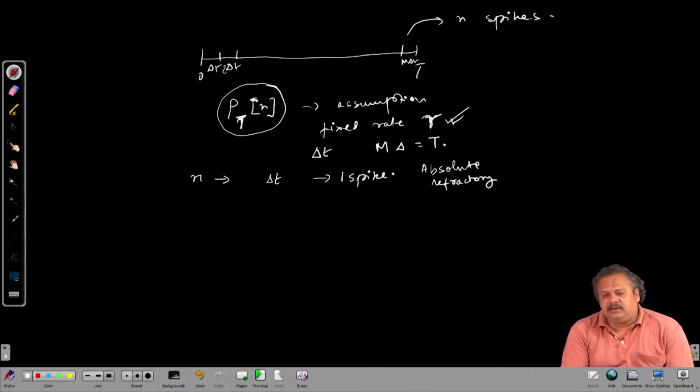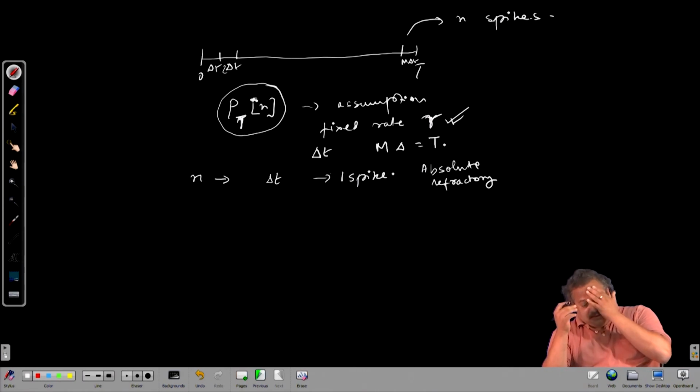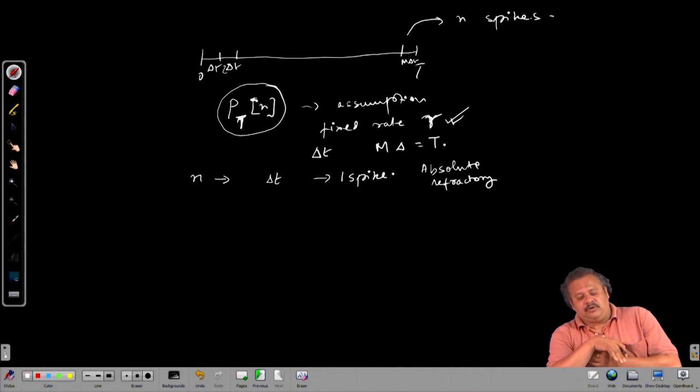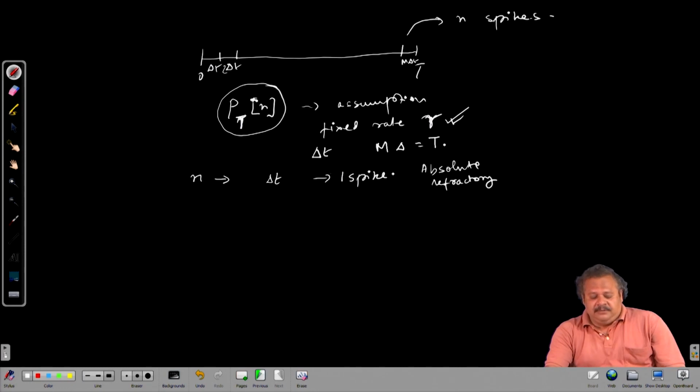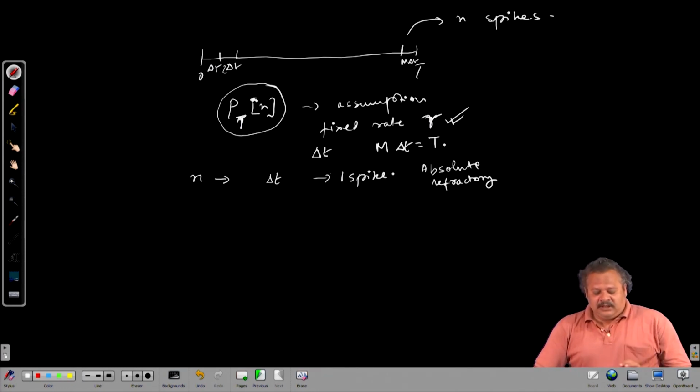That is, after the neuron crosses threshold, when the neuron gets inactivated, the sodium channels get inactivated, there is no possibility of producing an action potential within that time window, and so that naturally creates that delta T that will allow only one spike, which is about a millisecond or so.